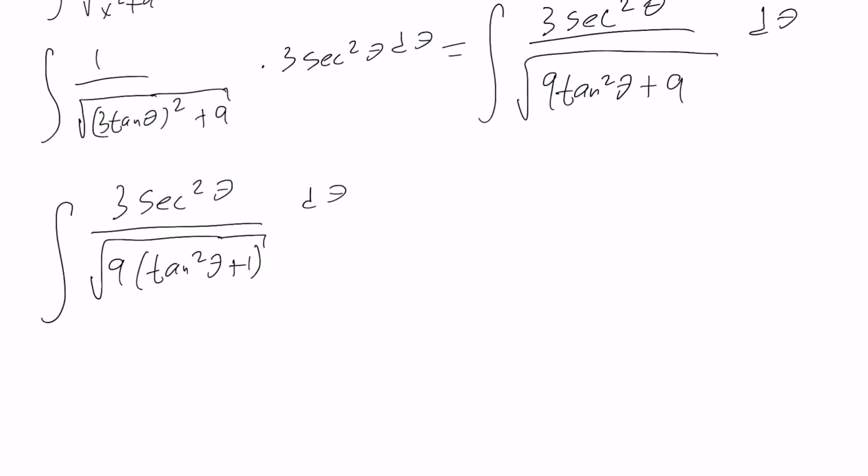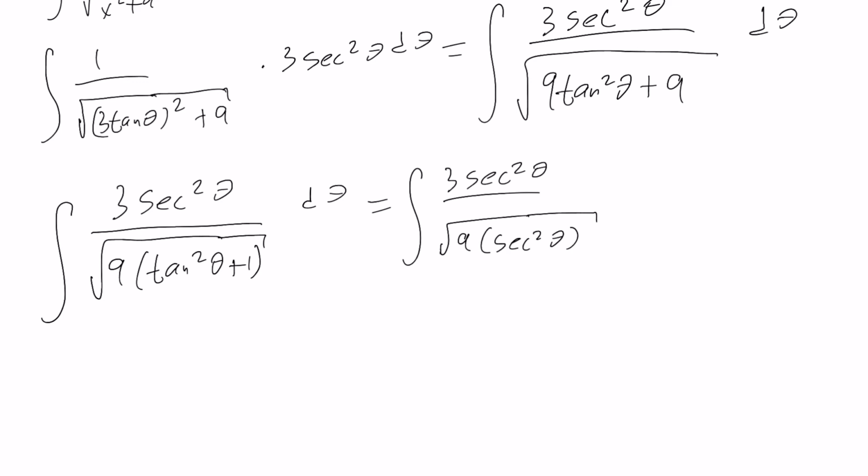Now, you at home, you're probably on the edge of your seat. You're thinking, hey, tangent squared theta plus 1, that's secant squared theta. That's a trig identity that I learned. And you are exactly right. So this becomes the integral of 3 secant squared theta divided by the square root of 9 times secant squared theta d theta.